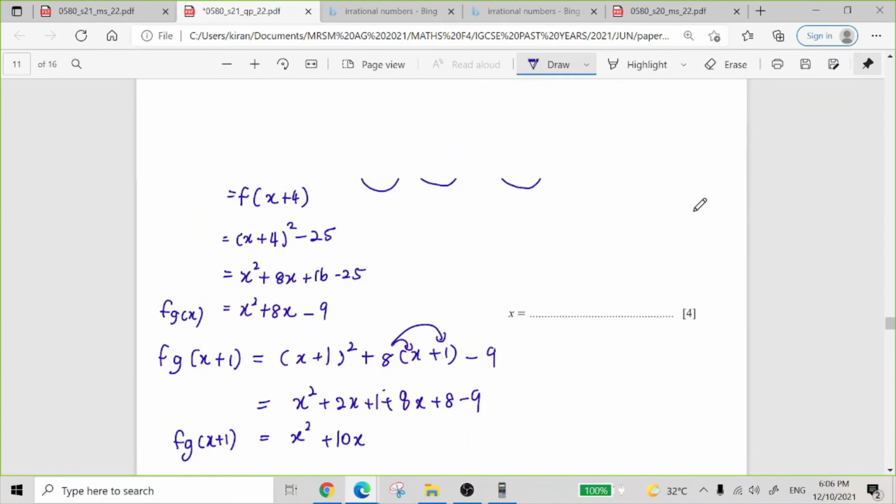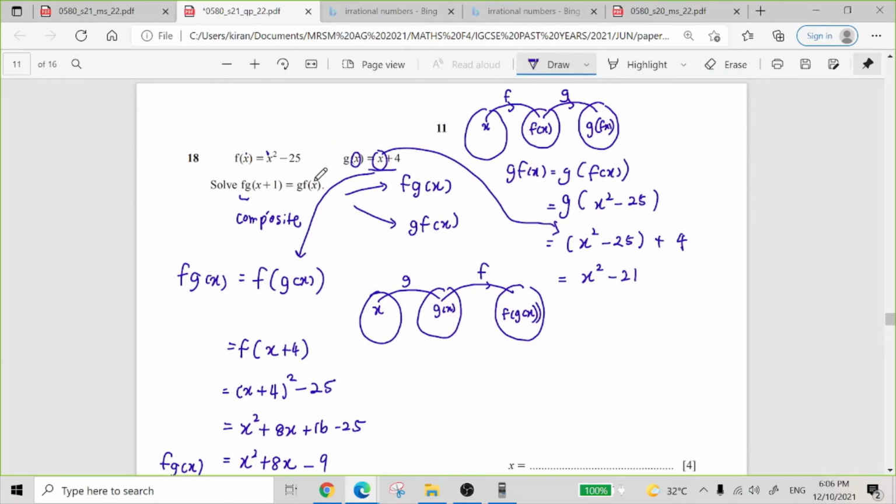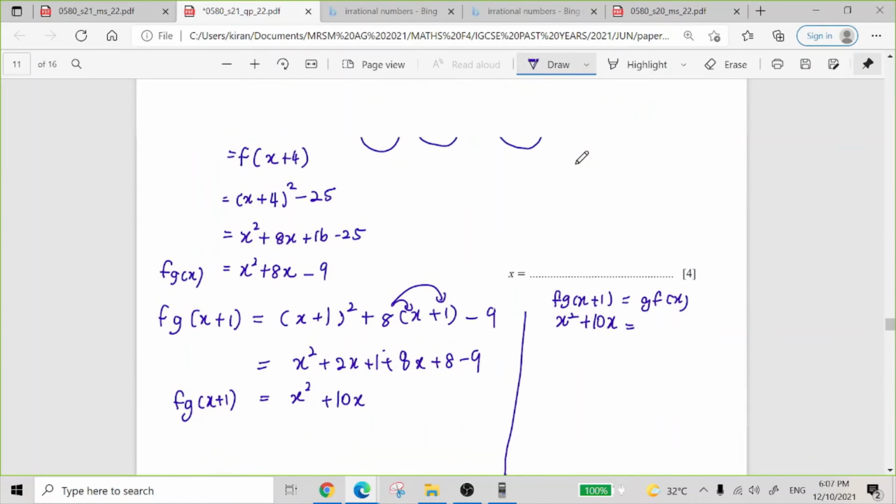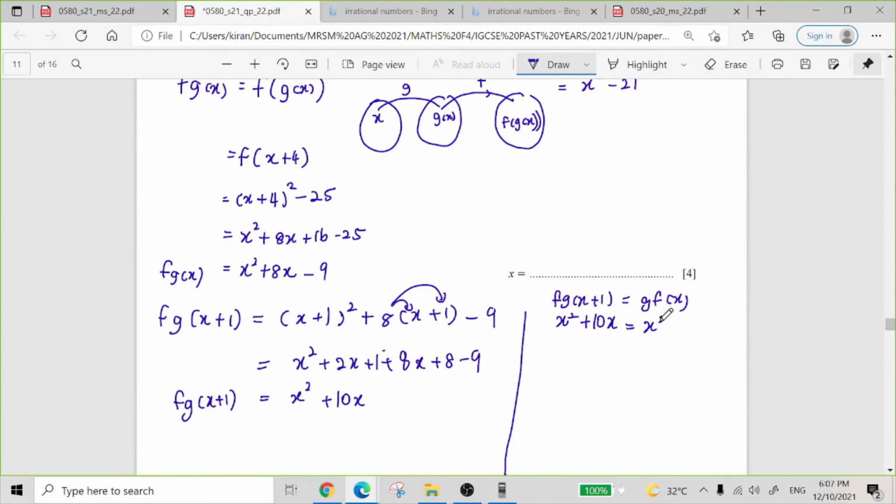So we go back to the question. It asks us to solve. When the question says solve, you have to work it out and get the value of x. So we equate fg(x plus 1) with gf(x). We already got x squared plus 10x, and gf(x) is x squared minus 21.